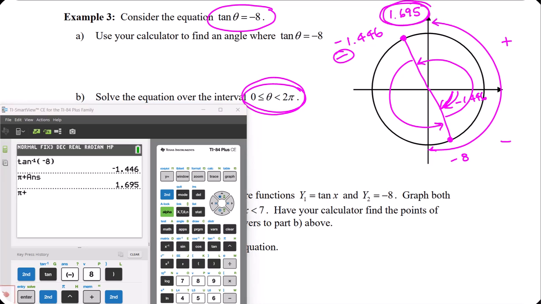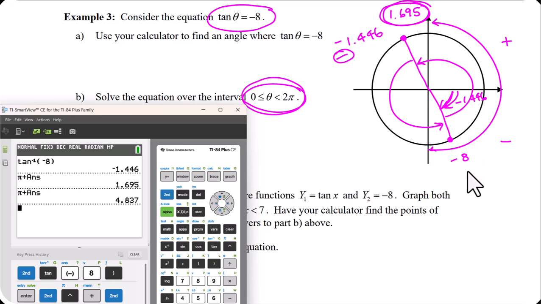So just add second answer, enter, and this other answer is 4.837. The hard part about radians is the angles and values are both crazy decimals. And so you have to keep track of which is an angle and which is the value. Negative 0.8 is the value. 1.695 is the angle. Okay?